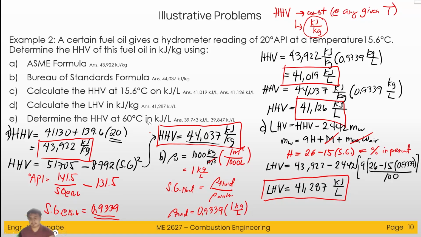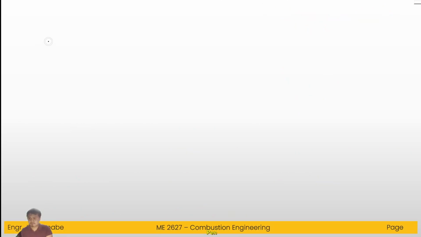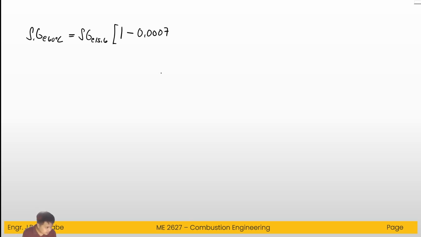Okay, let's see that. So we want to find the density at 60 degrees Celsius. To find the specific gravity at 60 degrees Celsius, that will be the specific gravity at 50.6 multiplied by 1 minus 0.007 times the temperature minus 50.6.